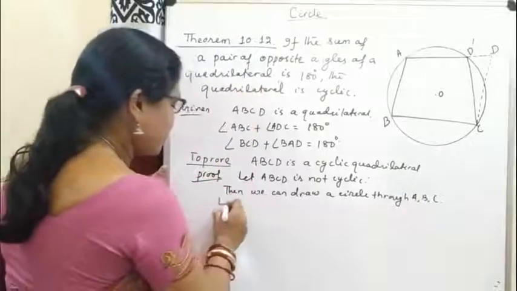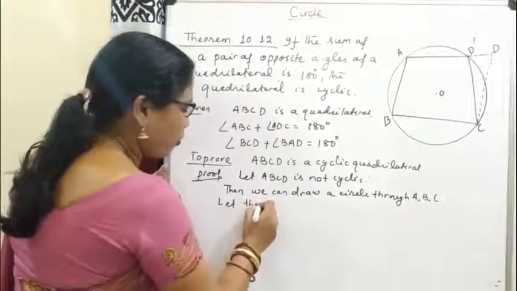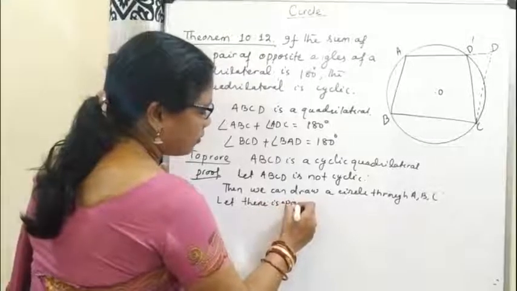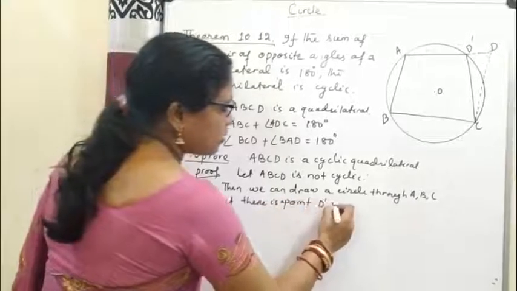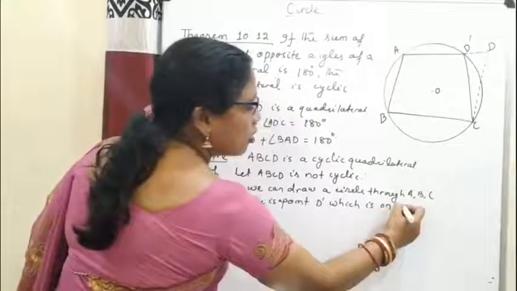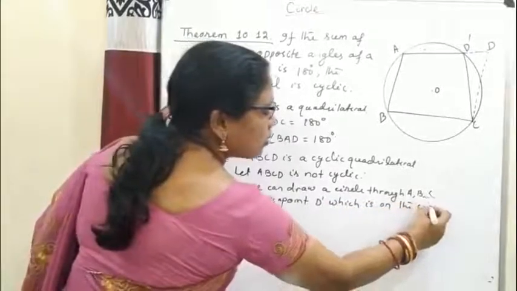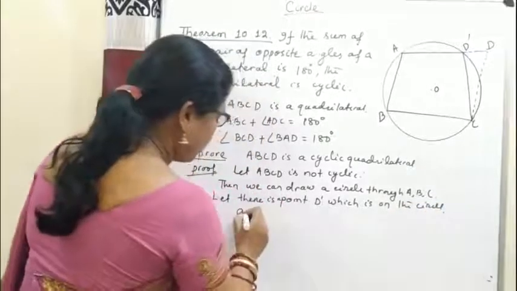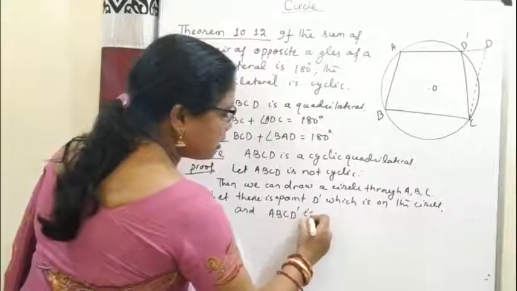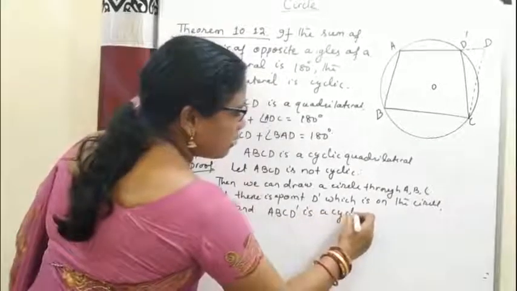So let there is a point D' which is on the circle and ABCD' is a cyclic quadrilateral.